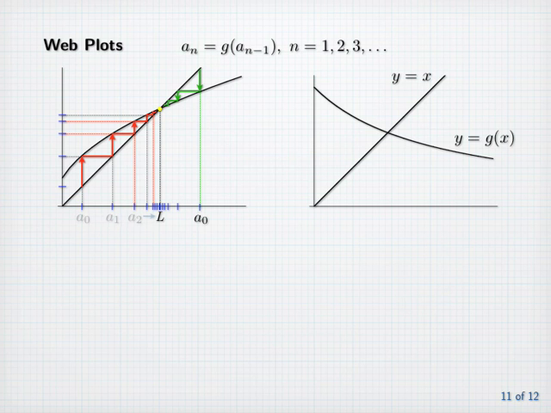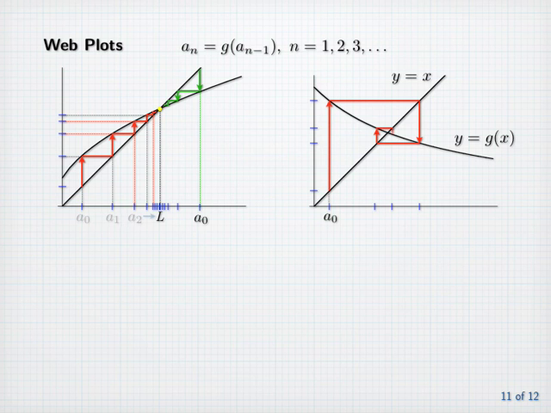Now suppose that the graph of g looks as it does here. Notice that at the point of intersection we have a relatively small negative slope. Now let's suppose that we begin our sequence with this value of A0, so we start the web plot by drawing the vertical line from the line y equals x up to the graph of g above this A0. Then we move horizontally to the graph of y equals x, and then vertically to the graph of g, horizontally to the graph of y equals x, then vertically to the graph of g, and so on.